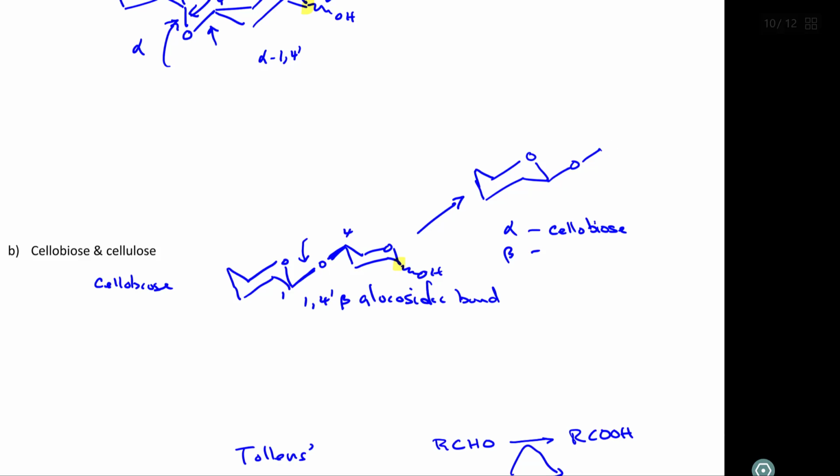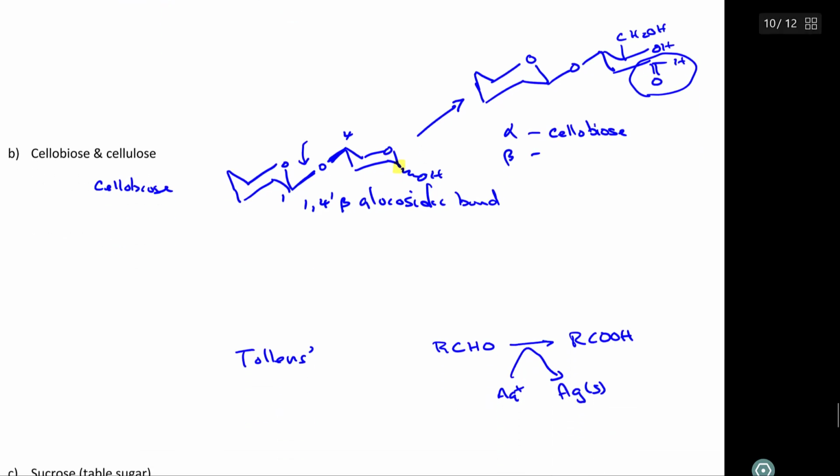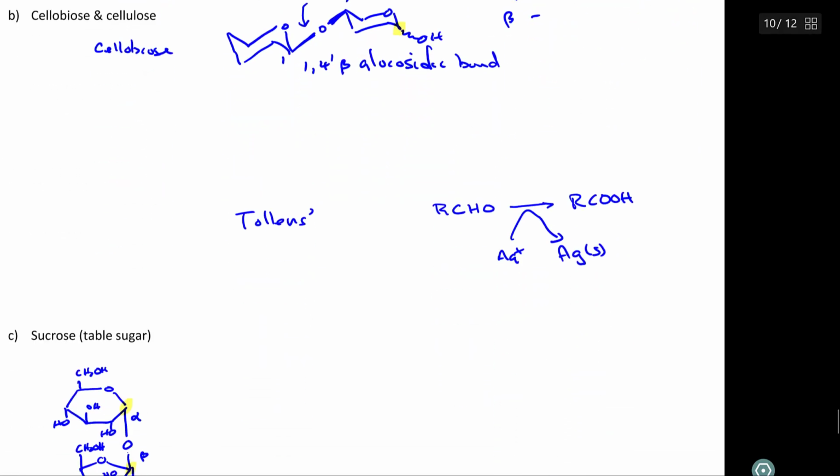But on this side, it's a hemiacetal, and hemiacetals can open up that bond and revert back to the aldehyde. So remember, there's a CH2OH up here. There'll be an H here, and then a CHO, and this can be oxidized by Tollens reagent, and actually there are a couple of other reagents like Tollens reagent that will do that.